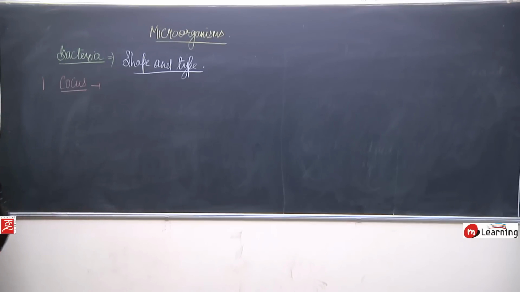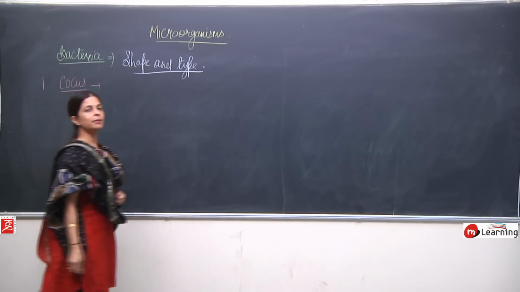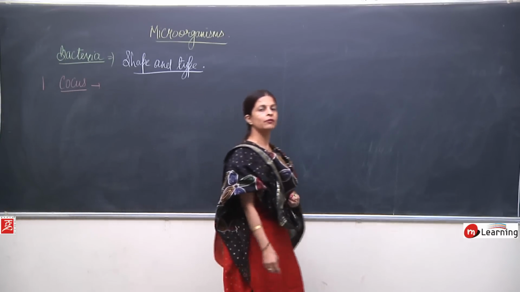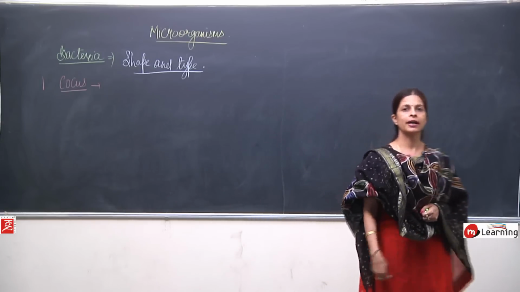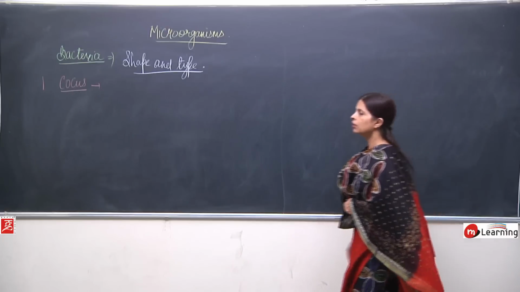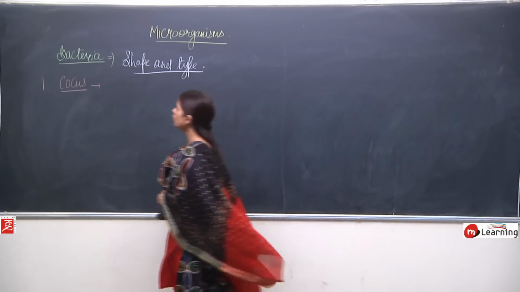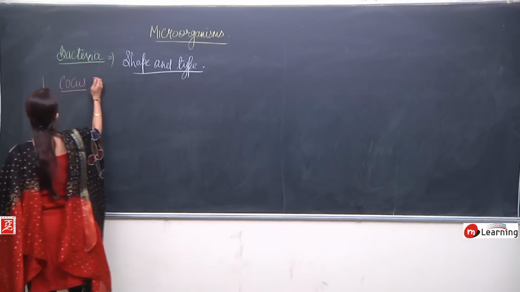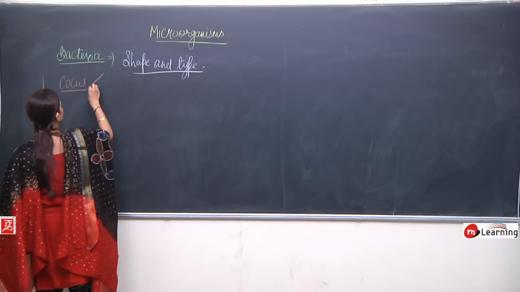Coccus or cocci. When we say that these bacteria are cocci, the shape is coccus. So we can again divide this into three categories.